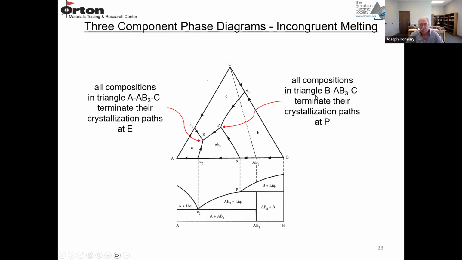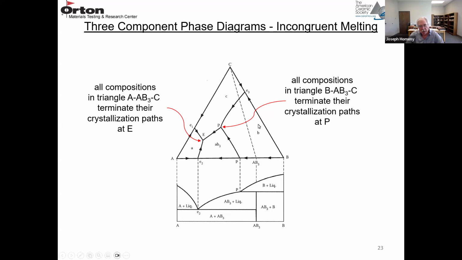So all compositions in this triangle, B, AB3, and C, if we start out with a composition within this triangle, their crystallization paths will terminate at this peritectic point P. So C, AB3, and B are the three components.